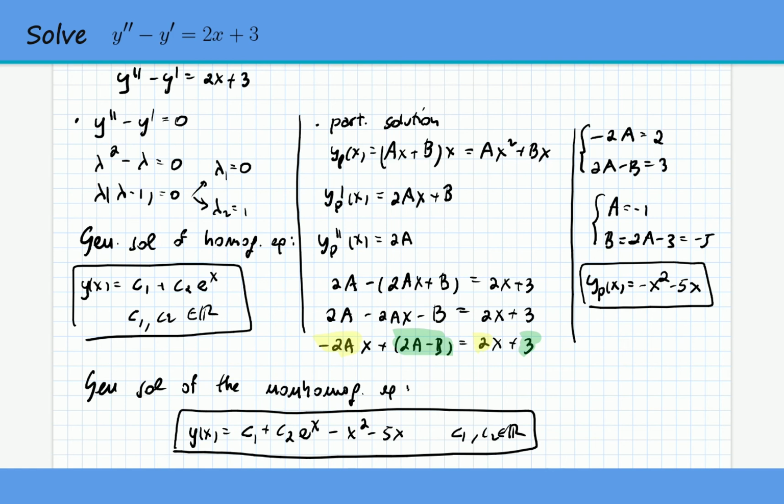And as we will see better in the next example, the reason for this is because the right-hand side here is a polynomial and lambda equals 0 is a solution of the homogeneous equation. So whenever this is the case, if you have lambda equals 0 being a solution of the homogeneous equation, and the right-hand side is a polynomial, in the particular solution you will have to multiply by x.